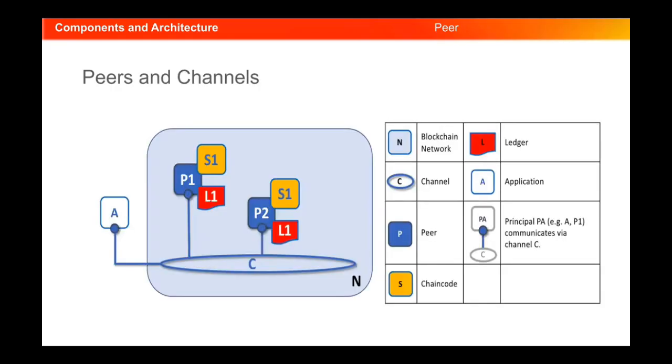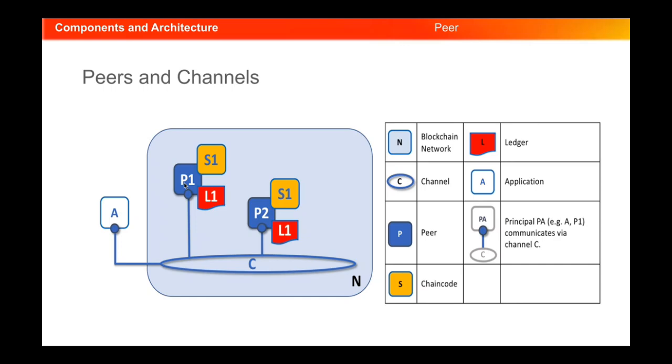Now, let us understand how peers and channels come together in a Hyperledger Fabric network. As you can see from the diagram, if you consider this as the network N, which is depicted over here, as the blockchain network, and C as a channel, you have an application A which is connecting to the channel C. The channel is internally connected to peer P1 and peer P2.